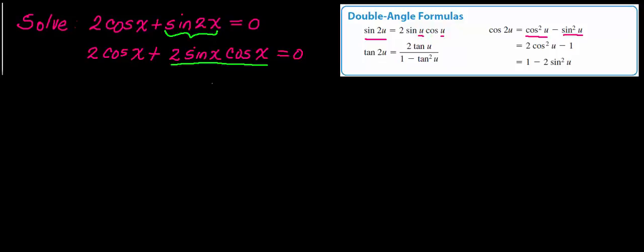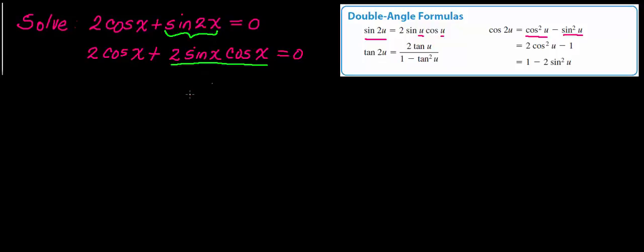Okay, so let's continue. Now that I have this expression, I see that I still have sine and cosine, but I notice that between term number 1 and term number 2, they both share something in common. I see that these two terms both have cosine x.